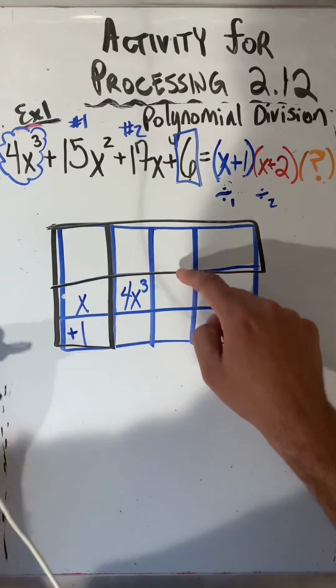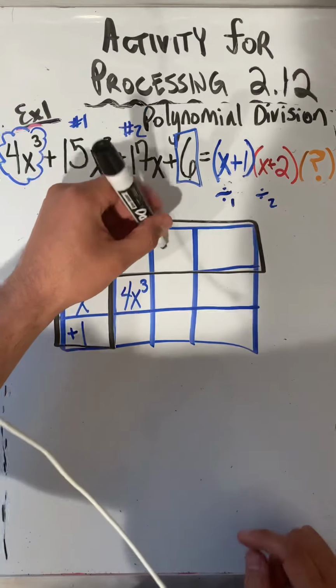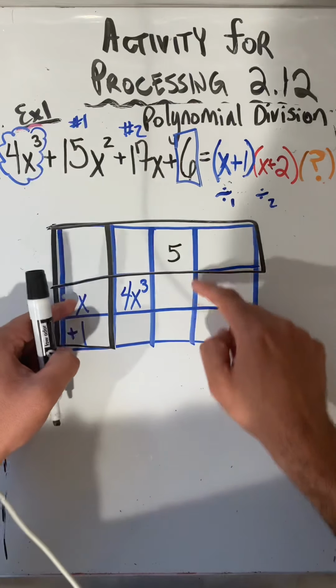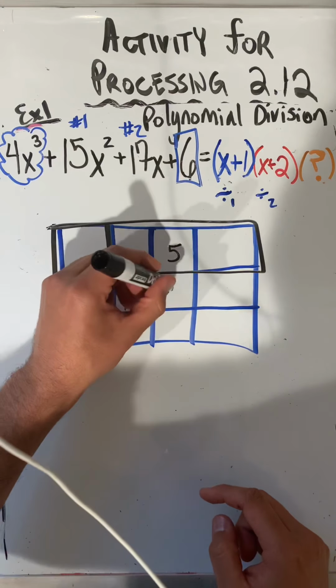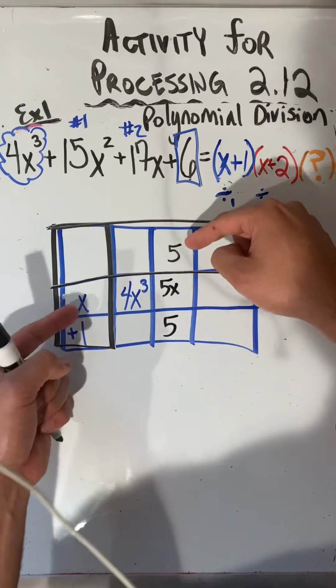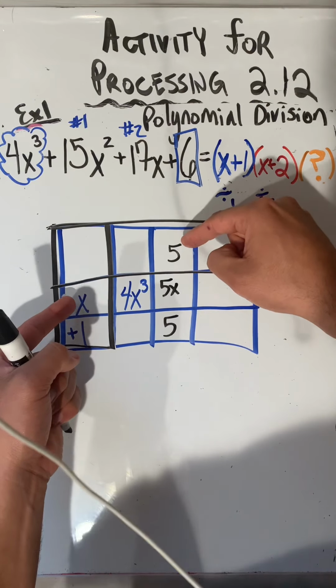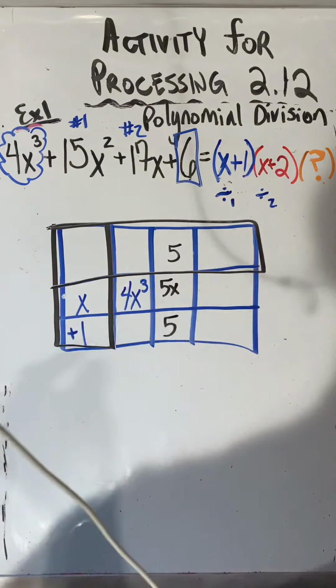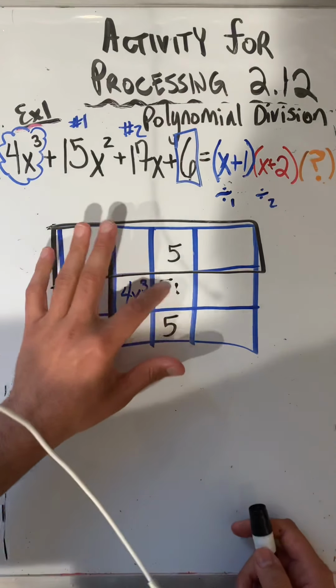For example, if I had, let's say, 5 here, x times 5 is 5x. 5 times 1 is 5. So I'd like to just remind the class that the outside numbers are multiplied to get the inside numbers. There it is. Okay.